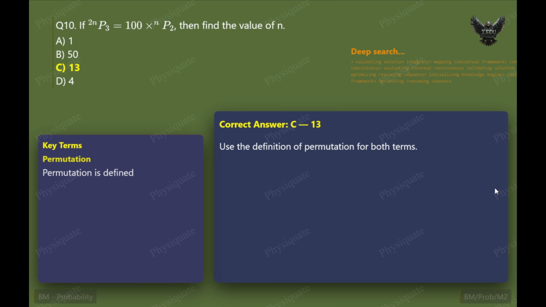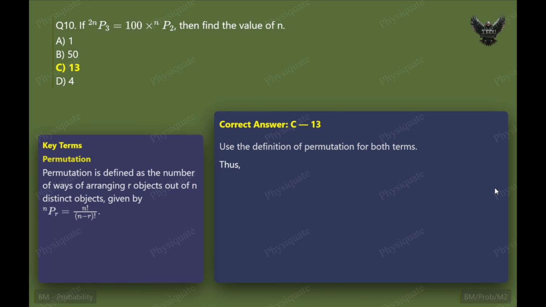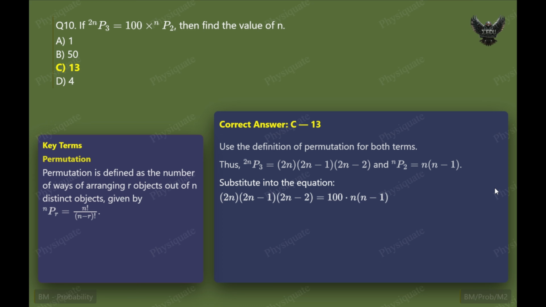Permutation is defined as the number of ways of arranging r objects out of n distinct objects, given by P(n,r) equals n factorial divided by (n-r) factorial. Thus, P(2n,3) equals 2n(2n-1)(2n-2), and P(n,2) equals n(n-1). Substitute into the equation: 2n(2n-1)(2n-2) equals 100 n(n-1).